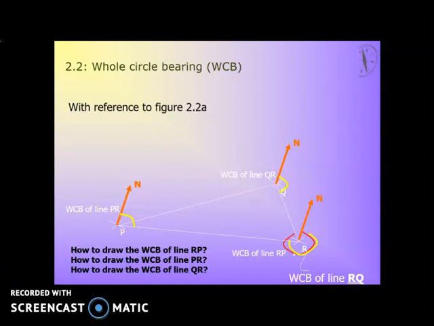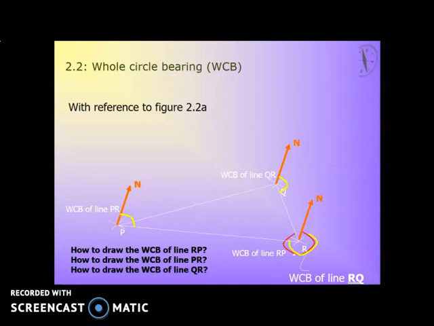So to summarize, when we use the concept of the whole circle bearing of a line, we will only have one angle, and that is the advantage of using this concept of whole circle bearing. There is only one angle for every line. The other thing to understand is that we need to be very careful on the way we call the line.